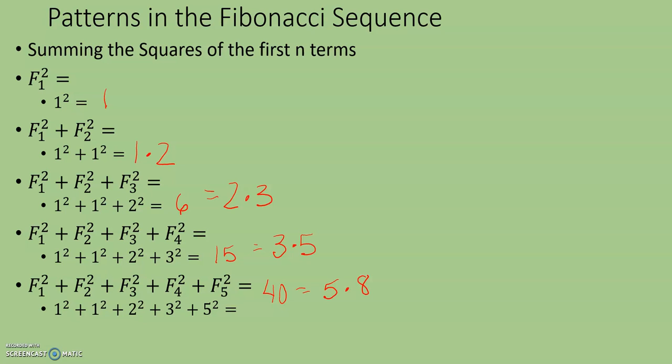The 4th one is 3. The first Fibonacci number is 1. The second one is also 1. The sum of the squares is f sub n times f sub n plus 1. It's the Fibonacci number that you're on times the next Fibonacci number.